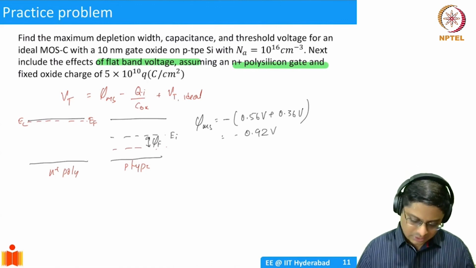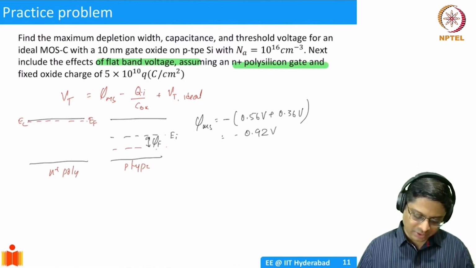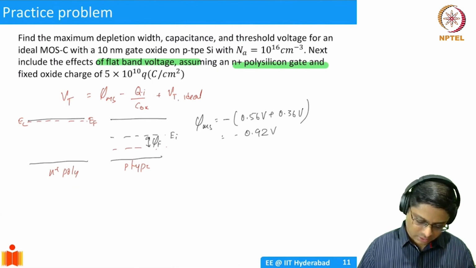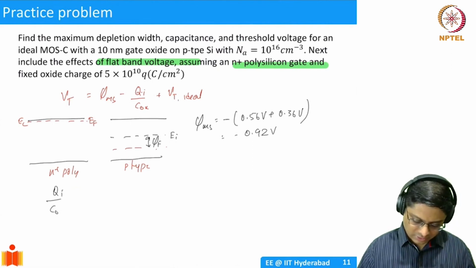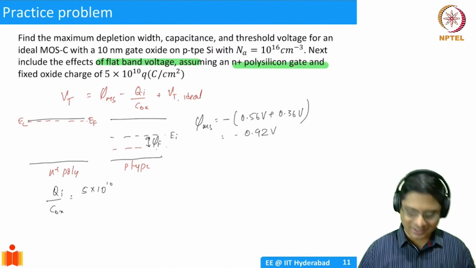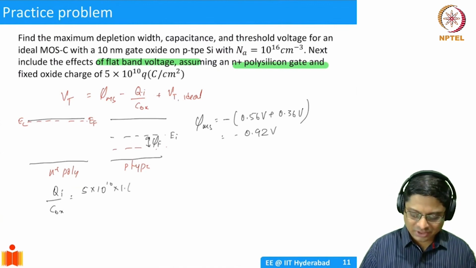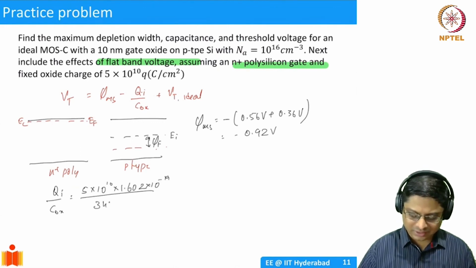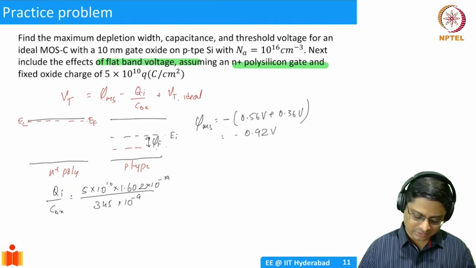All right. What is going to be my correction due to the fixed oxide charge? Qi by Cox. My Qi is 5 into 10 power 10. Many times we make a mistake of leaving it at this, and it will give you an absolutely crazy answer. This has to be multiplied by the charge, 1.602 into 10 power minus 19, divided by Cox, which is 345 into 10 power minus 9.